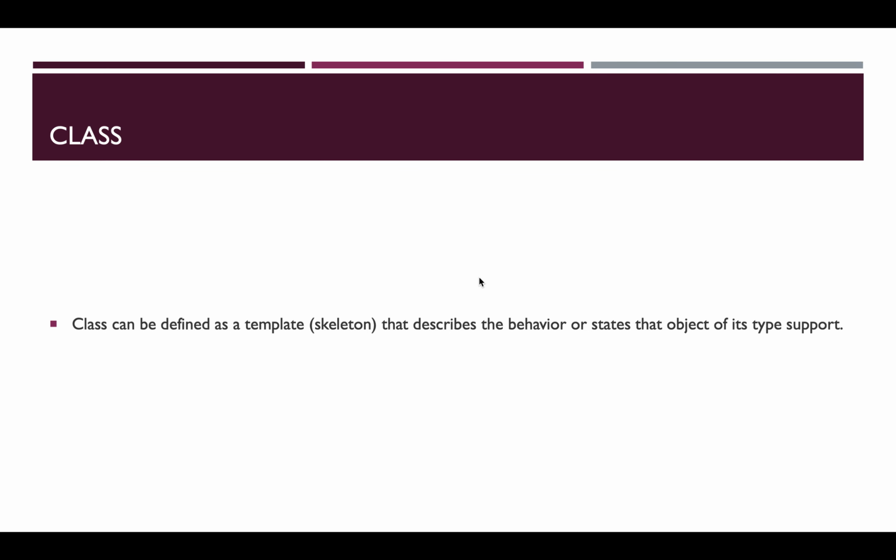A class can be defined as a template, or how I like to call it, a skeleton that describes the behavior or state that an object of its type supports. A very basic example is a human class, which has different states or behaviors. It could be eye color or height or age.